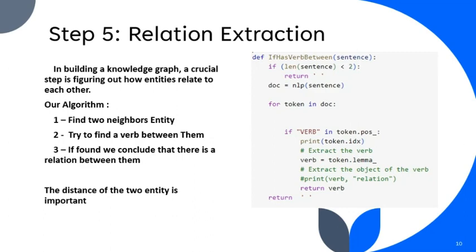But if it becomes, for example, 60 or 70, it's a long distance, so there may be many verbs we can find between them. So the accuracy of this algorithm is better if we reduce the distance. But for the project and the results, we use 45 characters between two entities to discover the verb as a relation between them.